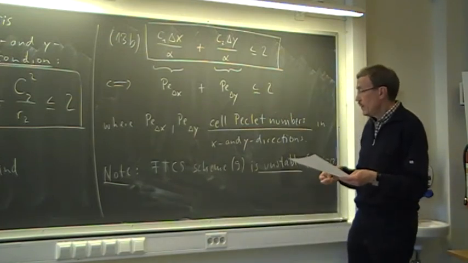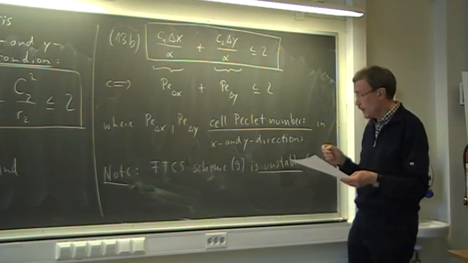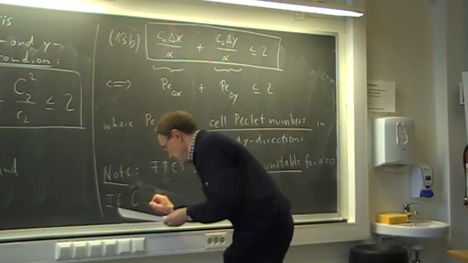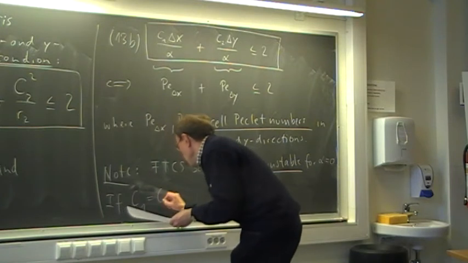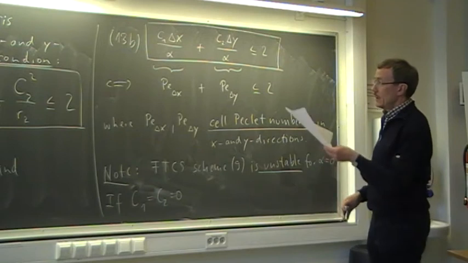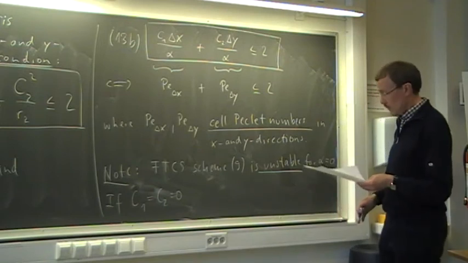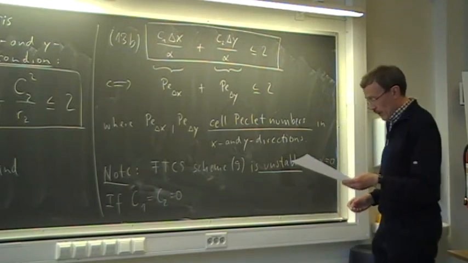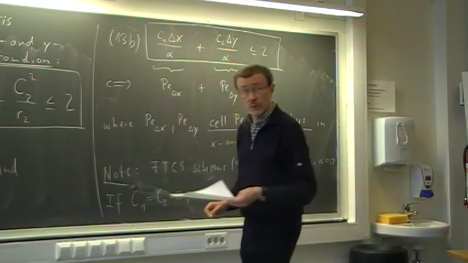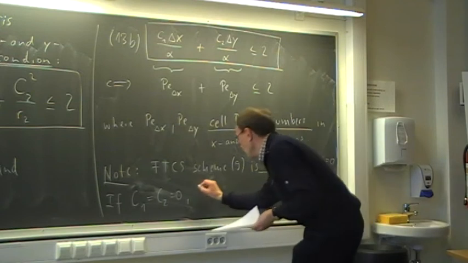And if C1 and C2 are equal to 0, the velocity components, then this is the stability condition for the 2D diffusion equation.